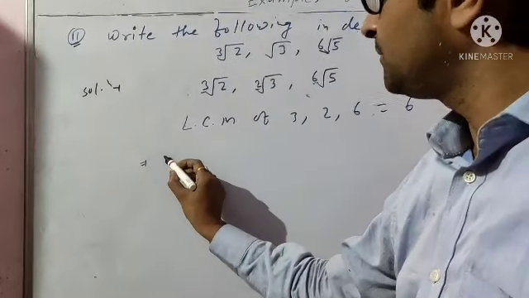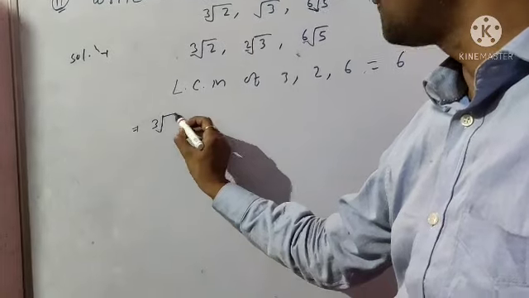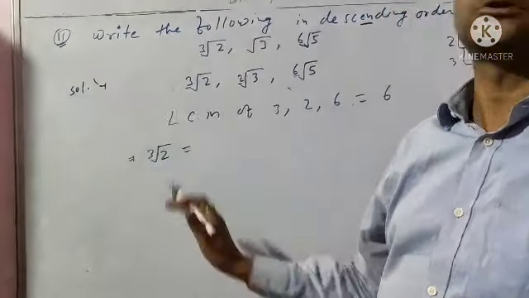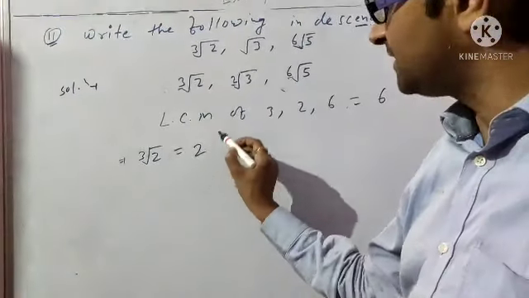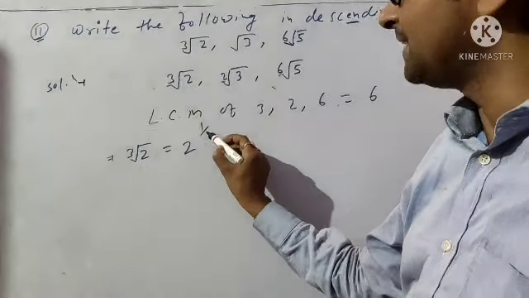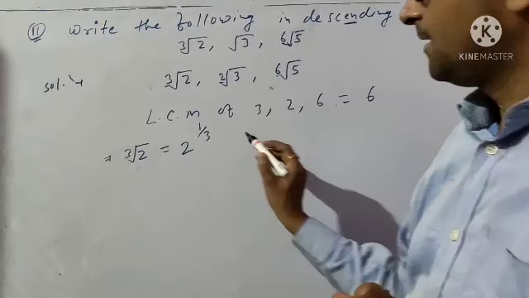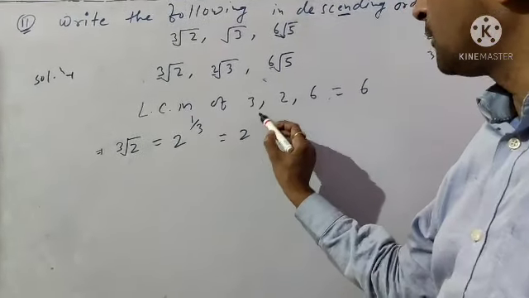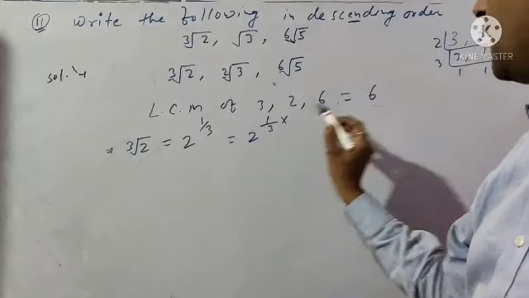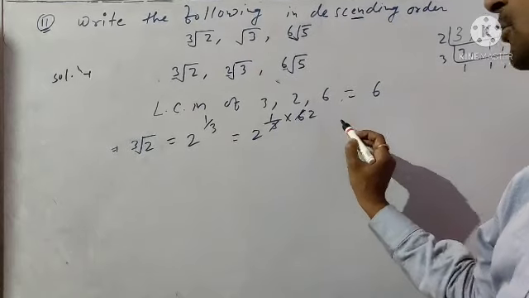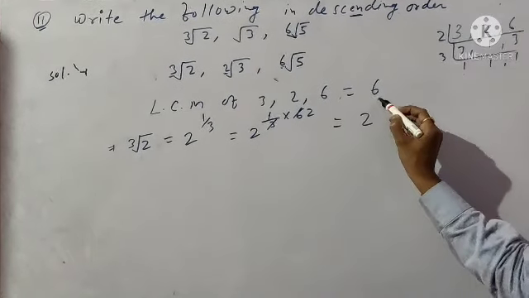Take the first value, the cube root of 2. First of all, student, what will we write here? The cube root of 2 is 2 to the power 1 by 3. So 2 to the power 1 by 3, and the LCM value is multiplied here, 6, so 2 to the power 2.